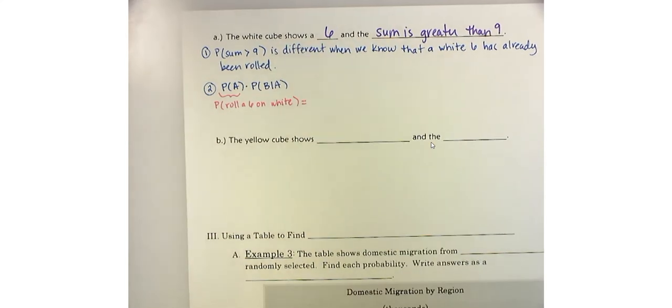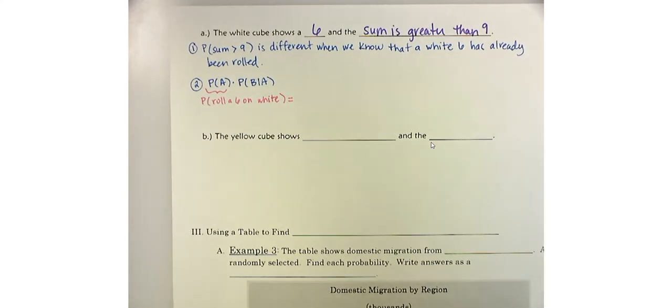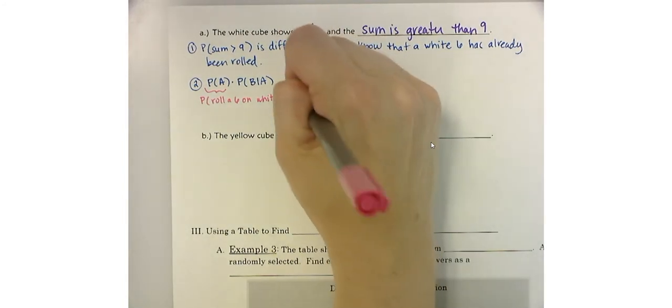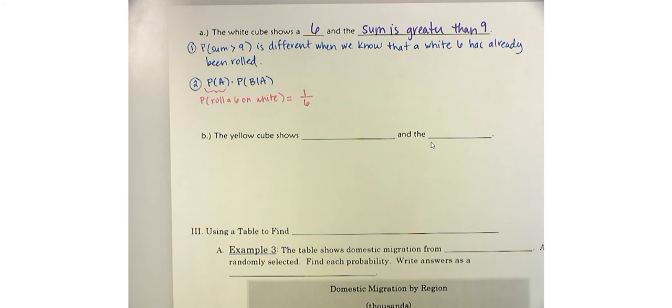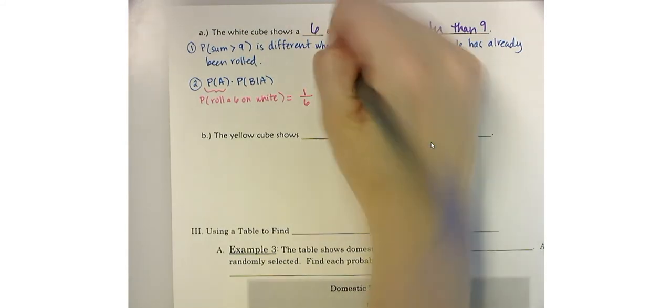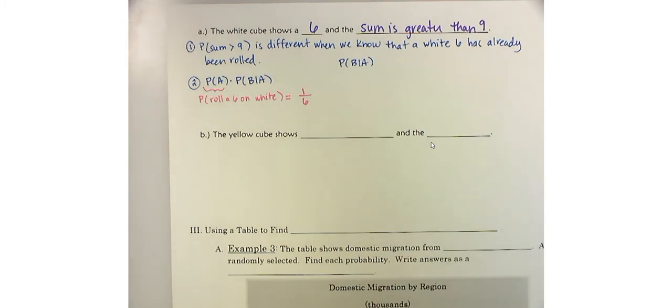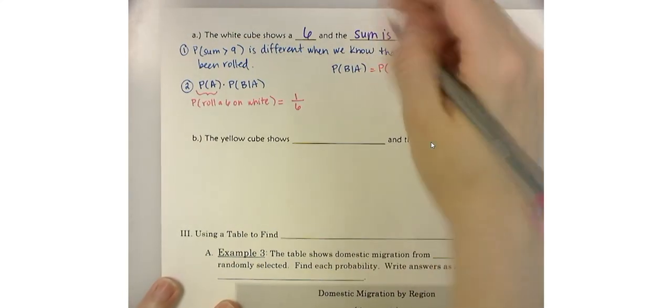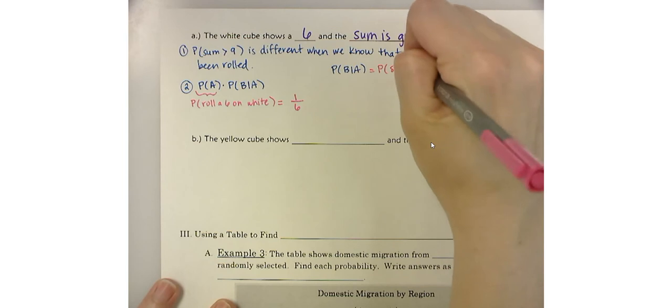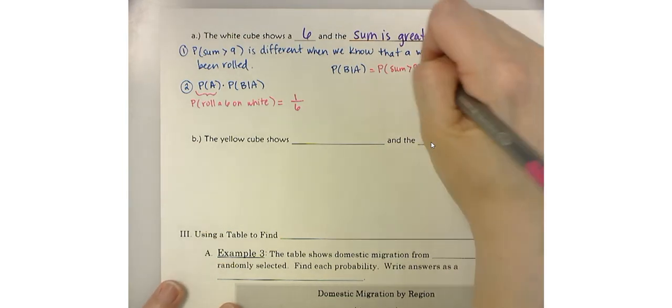Okay, now we're going to do the probability of B given A, which means you're finding the probability that the sum is greater than 9 if you already rolled a 6 on the white. So let's think about all of our outcomes. We already know on the white cube we've rolled a 6.